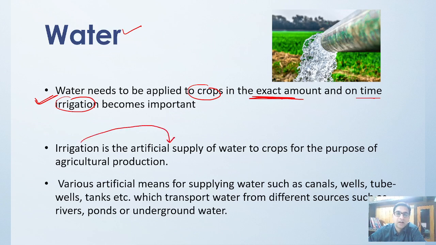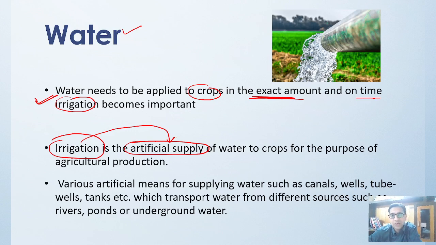Irrigation is the artificial supply of water to the crops for the purpose of agriculture production. You cannot control the rain, right? But yes, we can control the irrigation. We can increase it, we can decrease it, we can slow it down and everything.